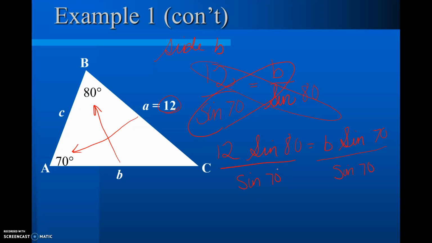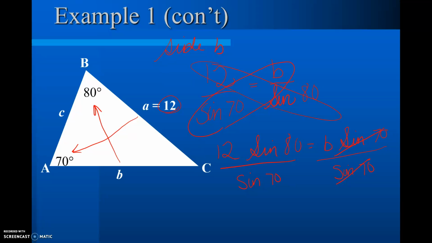Then we can plug that into our calculator because we know that sines of an angle are just a decimal. So we have 12 times sine 80 divided by sine 70, which gives us b, because these cancel out.